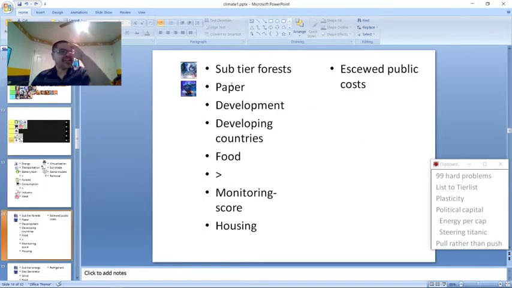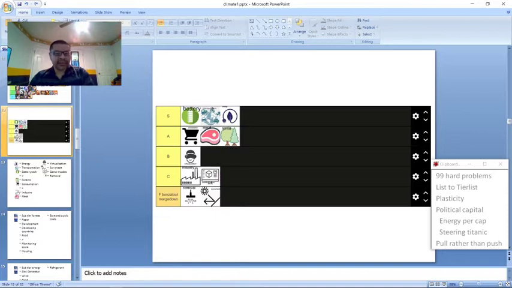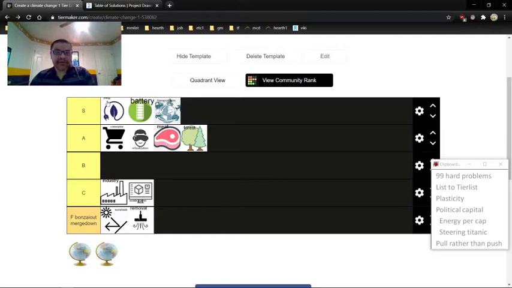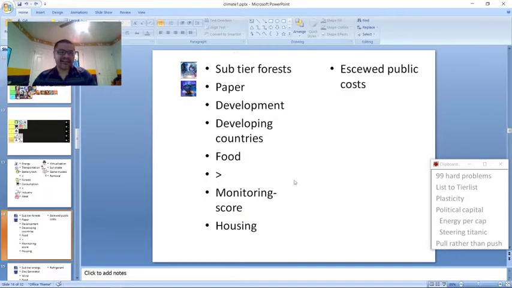Some of the sub-tier categories, for example, for forest, you can just double click on forest and it will produce an entirely new one that has another tier list.